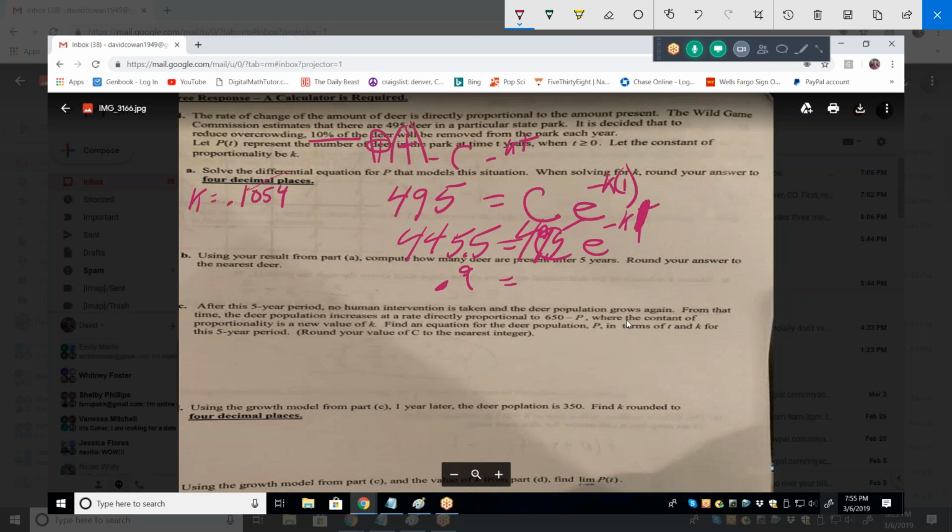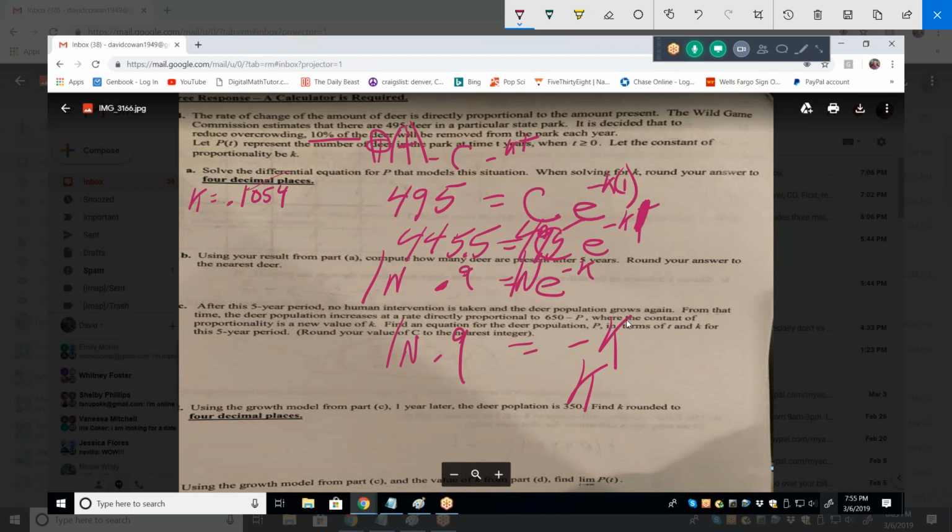So 0.9 equals e to the minus k. And I guess we can solve that by taking the natural log of both sides, and we get minus k equals the natural log of 0.9, which must be negative 0.1054.